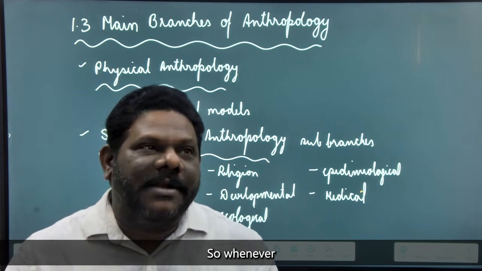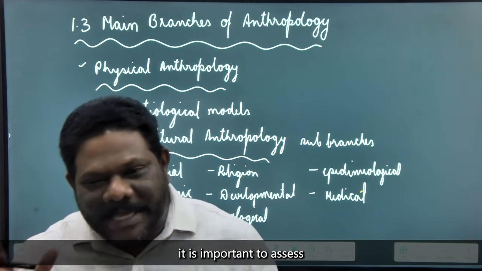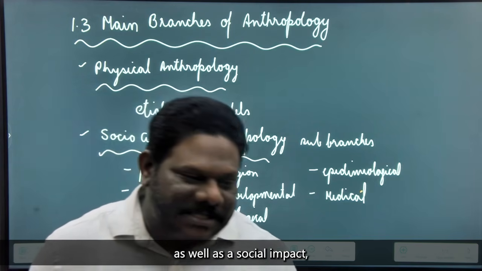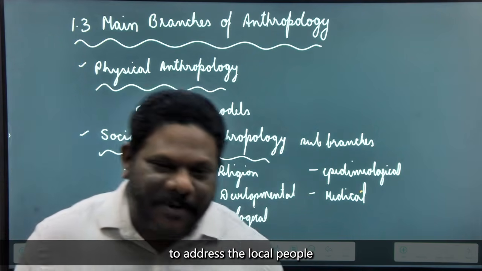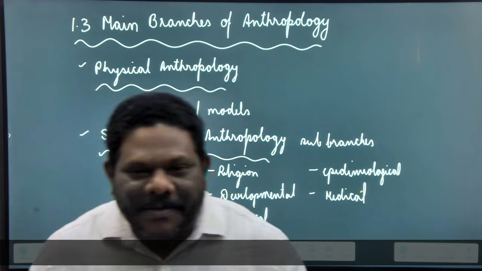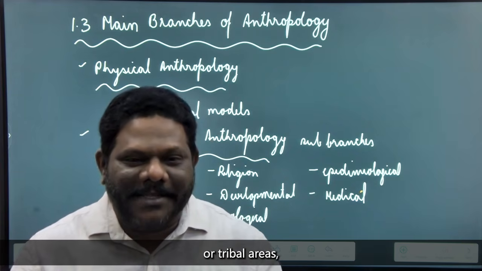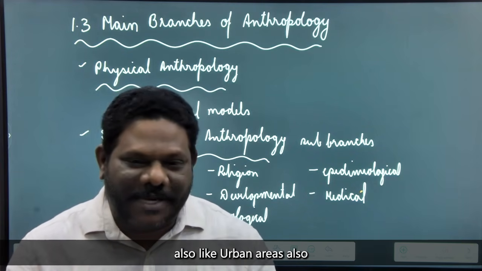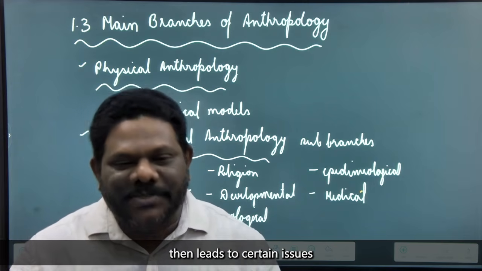So whenever developmental projects are implemented, it is important to assess the environmental impact as well as social impact, because there is a need to address the local people also who are displaced from their habitat, isn't it? Anywhere, it could be rural areas or tribal areas, or modern places also, like urban areas, because displacement always leads to certain issues.